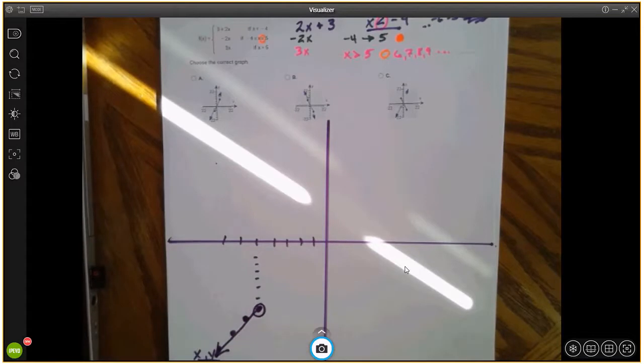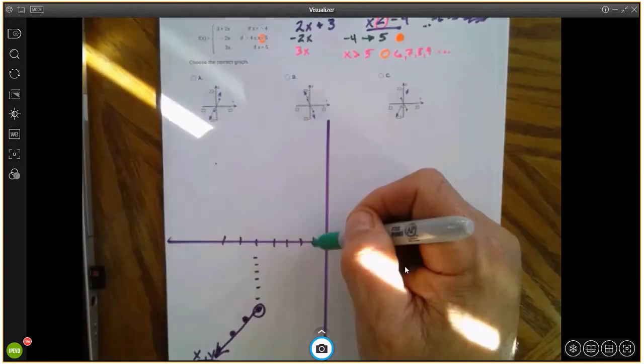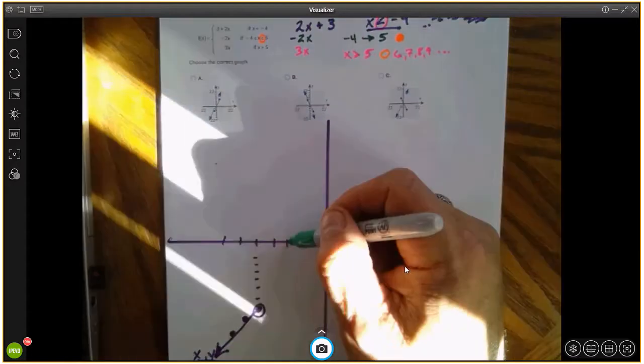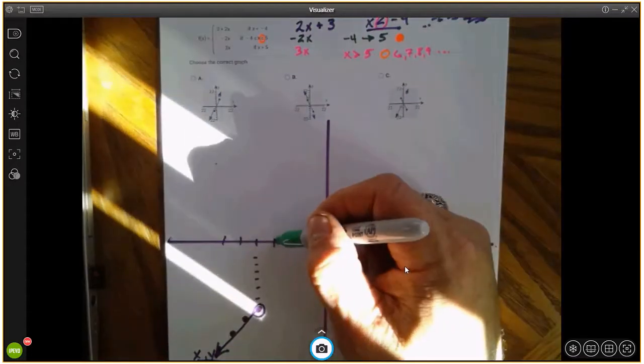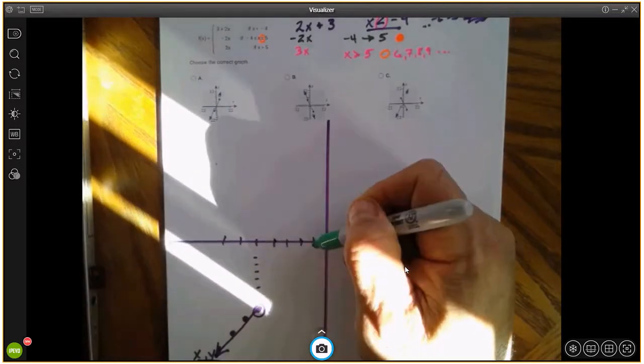Next line is the green line. And we know we can only go from -4. 1, 2, 3, 4. We can only go from -4, and I think yeah, that's right. I can't use, well, -4.